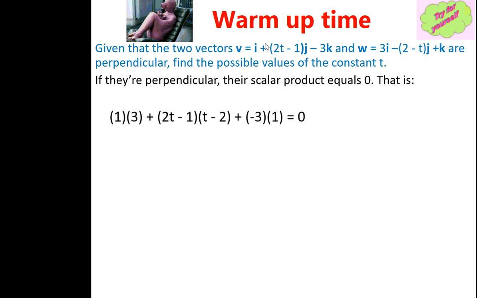So you would do 1 times 3 to work out the dot product, plus this times this, because notice that if you factor in the negative here, you get -2 plus t. A nicer way of writing -2 plus t is t minus 2. So in here, we've already factored in the negative, and overall this is -2 plus t.